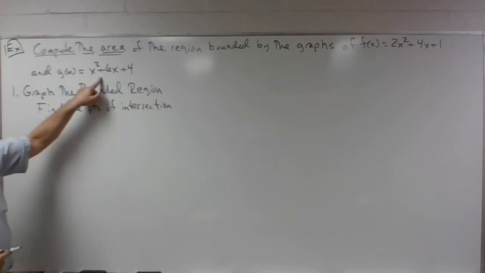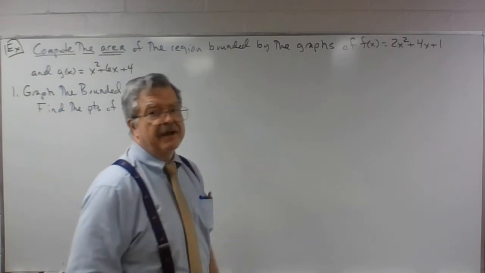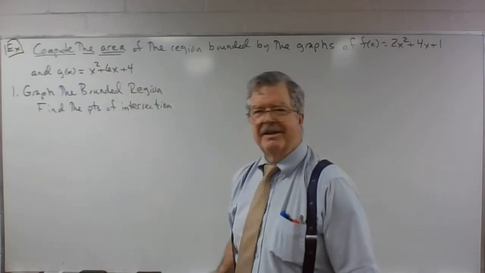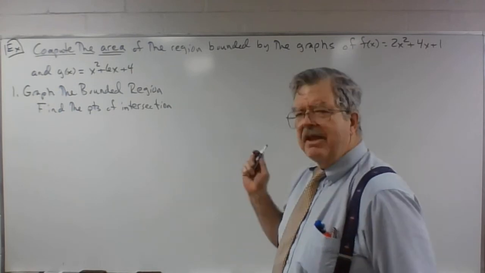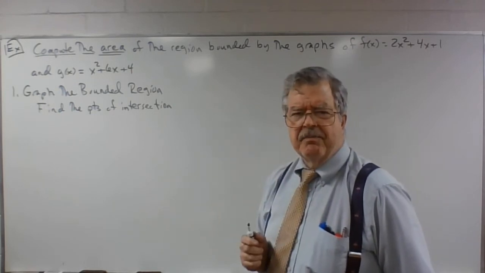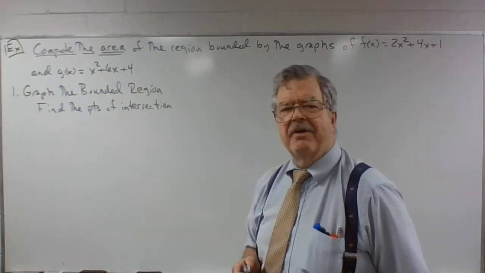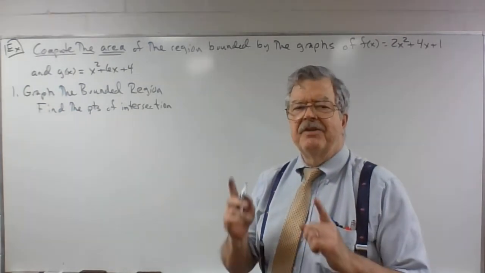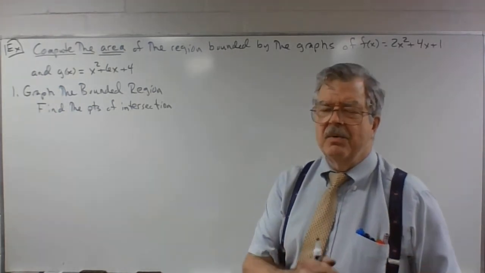And it's not at all obvious where these two things intersect. At least it's not obvious to me. Here's what we do. When we want to find the points of intersection of two graphs, we set either the x coordinates equal or the y coordinates equal.